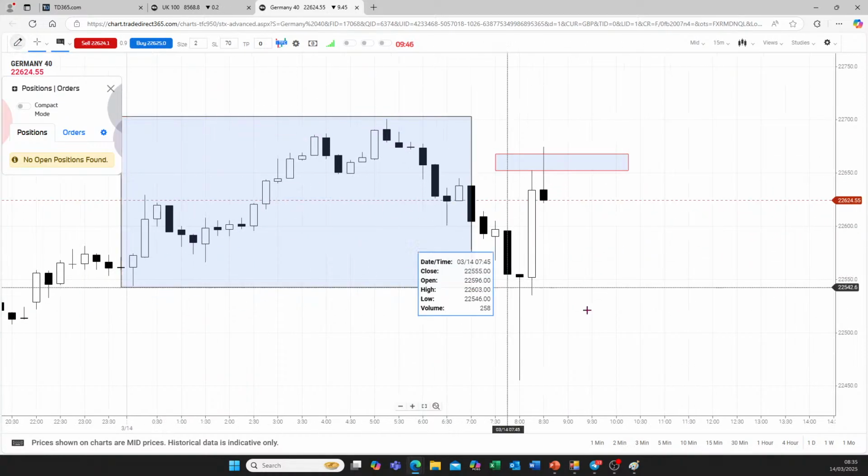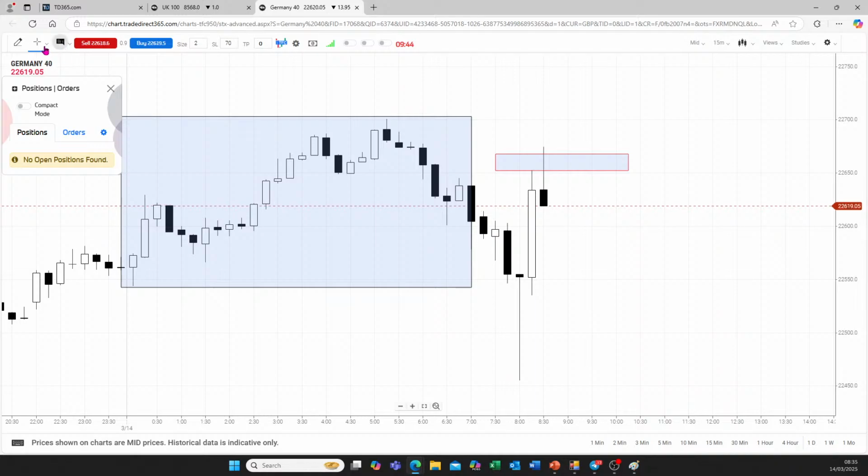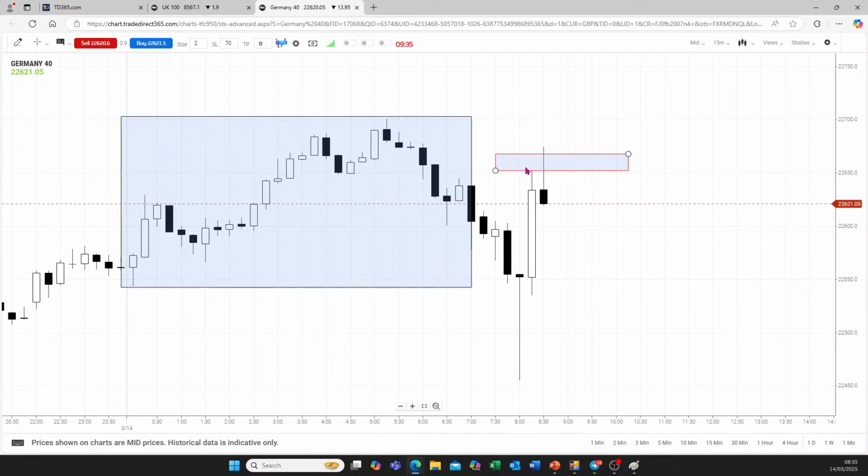So the ante says that when the school run trigger takes place within the context of the overnight range, you sell short. The ante.